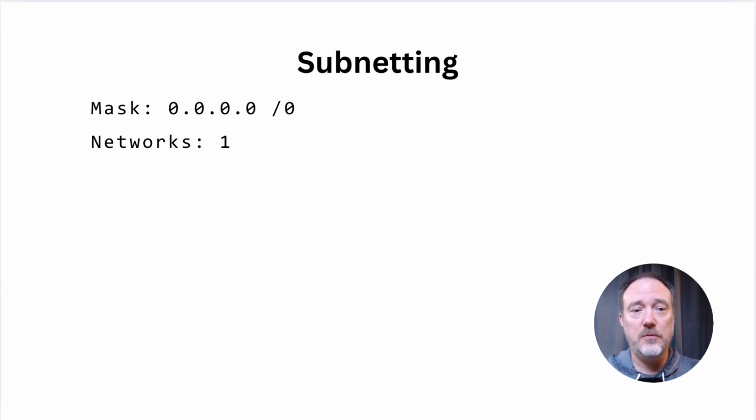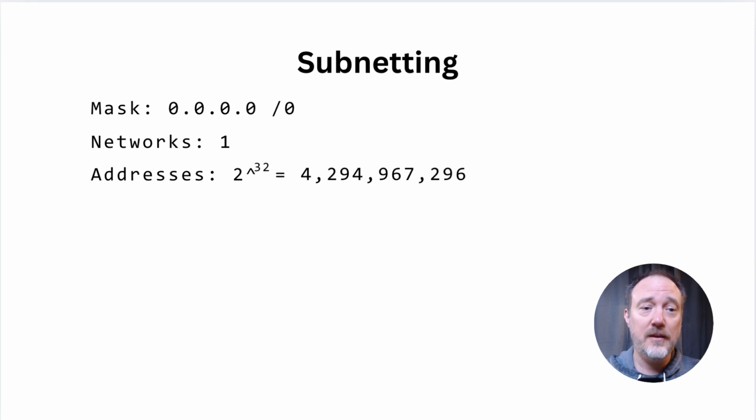The largest network for IPv4 would have a subnet mask of all zeros, or 0.0.0.0, or /0 in CIDR notation. This means that all bits are host bits since every bit in the subnet mask is a zero, and we would have one network. The number of unique addresses would be 2 to the power of 32 because we have 32 bits that are host bits.